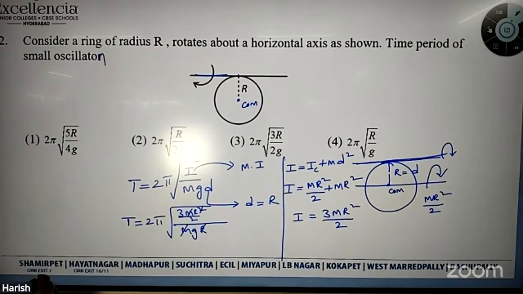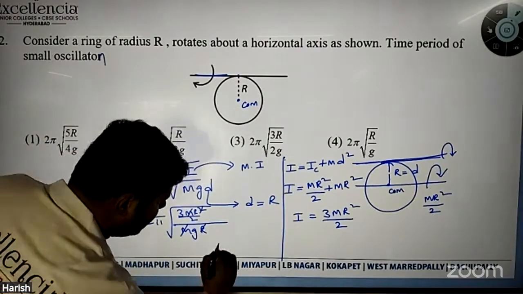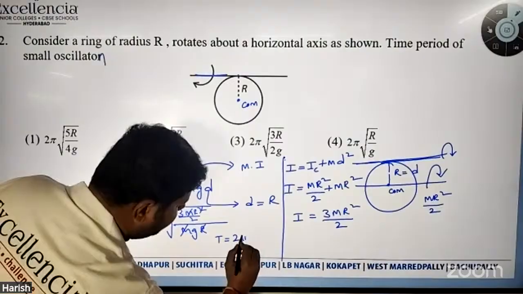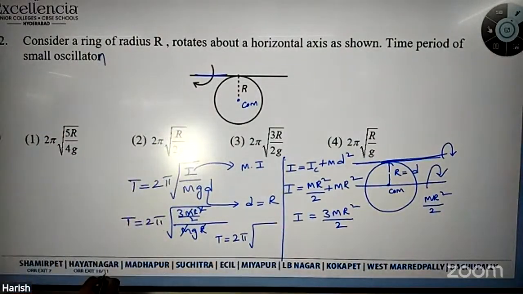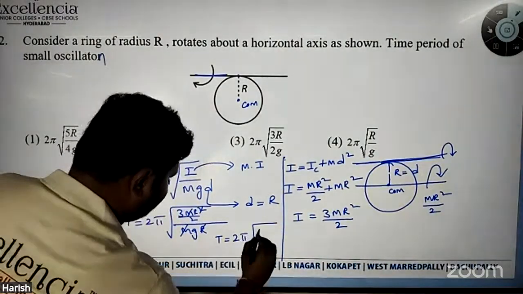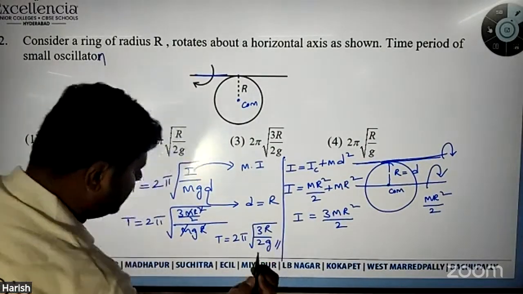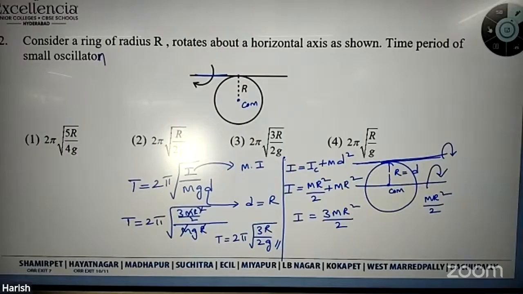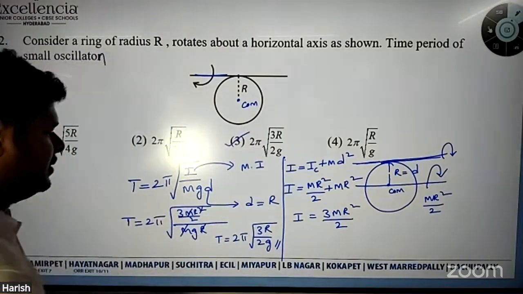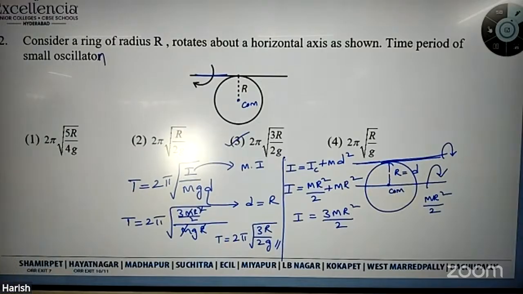So the final answer will be T is equal to 2 pi under root of 3r by 2g. You can see which is the matching option. So T is equal to 2 pi under root of 3r by 2g.